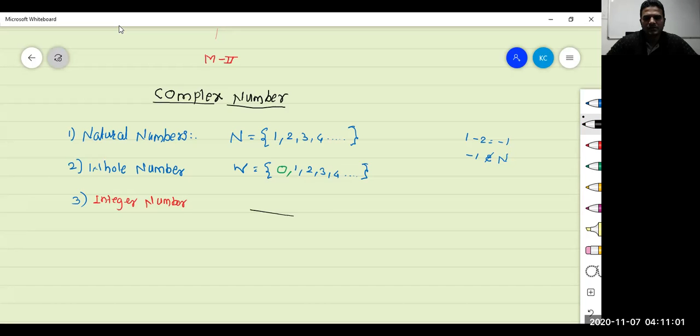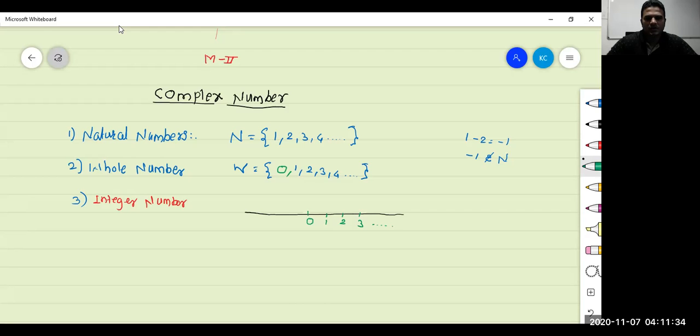Generally we denote integers on the number line. In the middle is 0, on the right side 1, 2, 3, these are the integers.